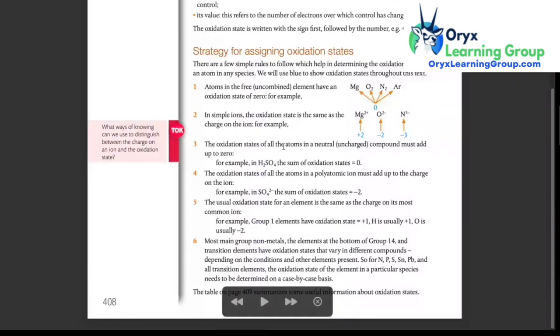Then the oxidation states of all the atoms in a neutral compound must add up to 0. So in a compound like H2SO4, the sum of all oxidation states should be equal to 0. When we add up the oxidation states for hydrogen, sulfur, and oxygen, they should all add up to 0. Are you clear with this?